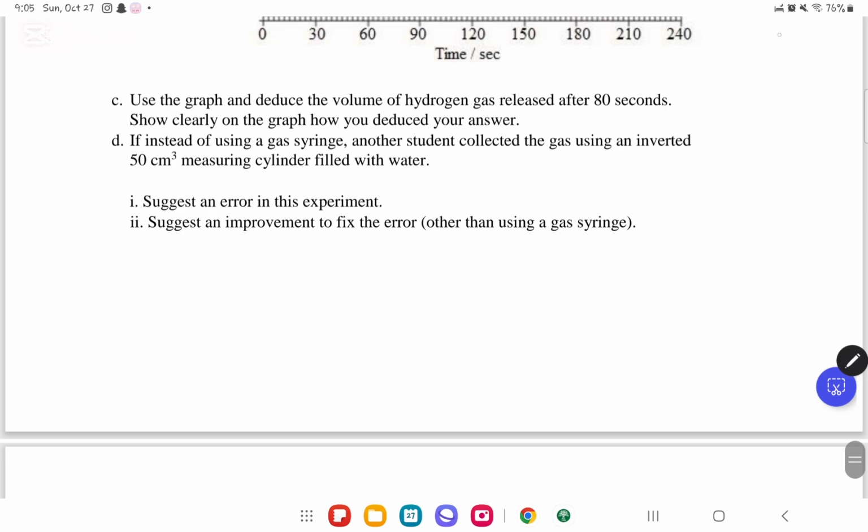Now, D. If instead of a gas syringe, another student collected the gas using an inverted 50 centimeter cubed measuring cylinder filled with water, suggest an error in this experiment, because it's not going to be sufficient. We have a maximum of 70 centimeter cubed, and here he gave us 50 centimeter cubed only, so we're going to say inaccurate measurements.